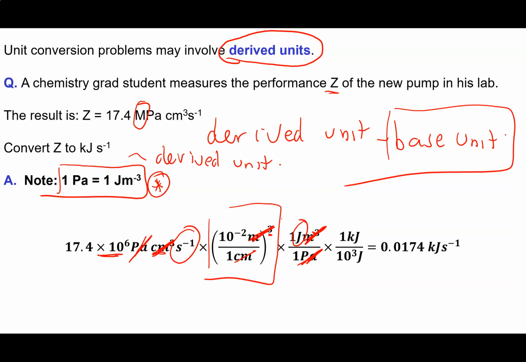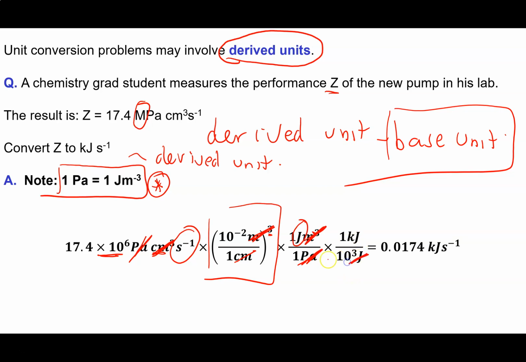So I'm really close. I just got to go one step further, and that's to turn my joules into kilojoules. So what I'm going to recognize here is that kilo is just the decimal prefix. That means multiply by 10 to the 3. So now I'm going to multiply by the conversion factor of 1 kilojoule per 10 to the 3 joules.